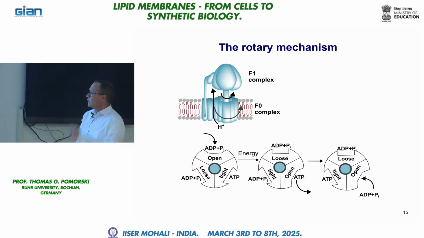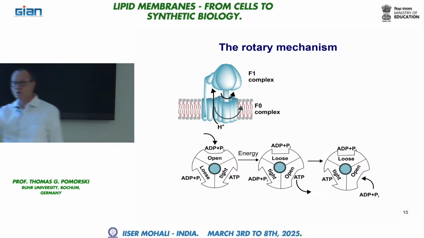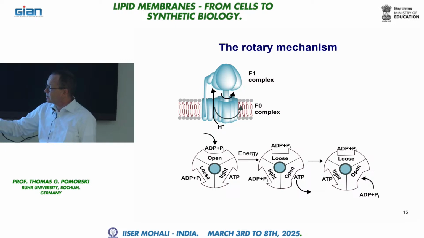Very briefly, remember the idea of this transport complex: it works like a turbine. The proton gradient that is generated, the protons go back through this protein complex, and one part of the protein gets into rotation.